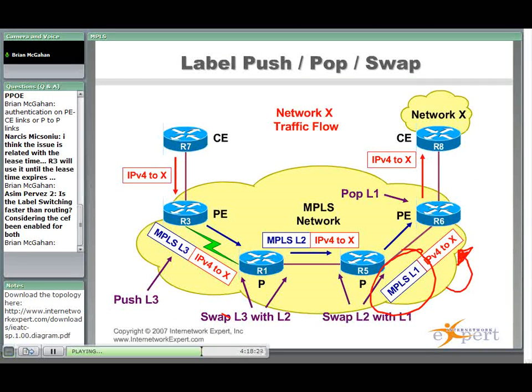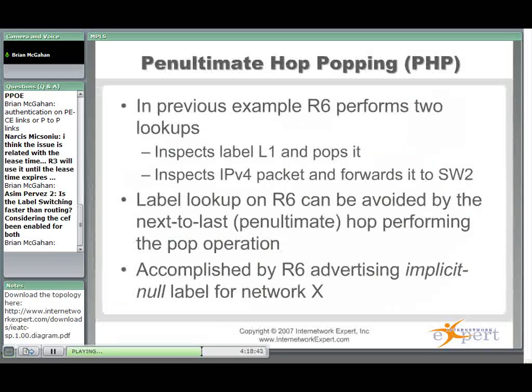Now in the last example we were looking at, we saw that router 6 was doing 2 things. It was receiving a labeled packet in. It was doing a label lookup in the label forwarding information base. Router 6's forwarding table says that if it comes in with label L1, we need to take that label off. It takes the label off and it sees underneath that label we have an IP version 4 packet.